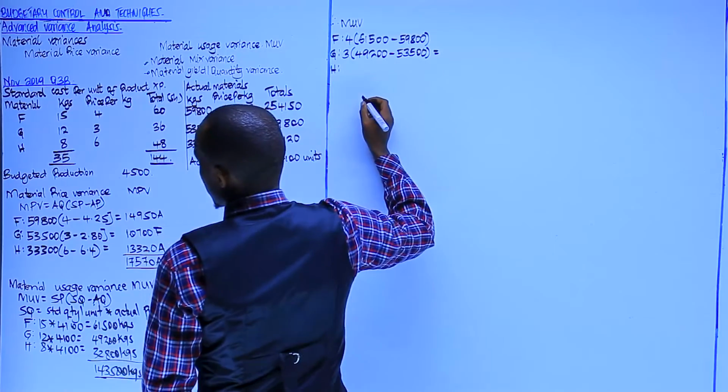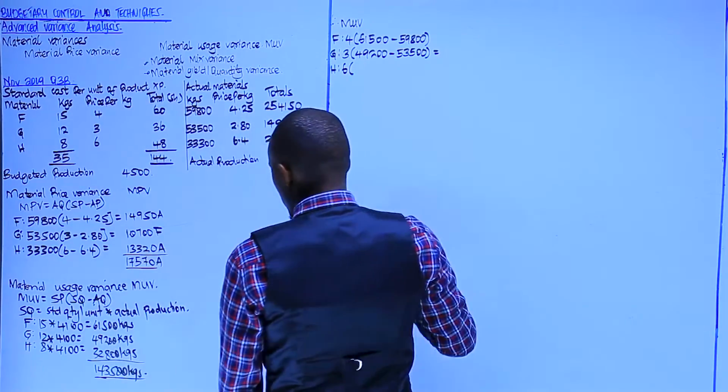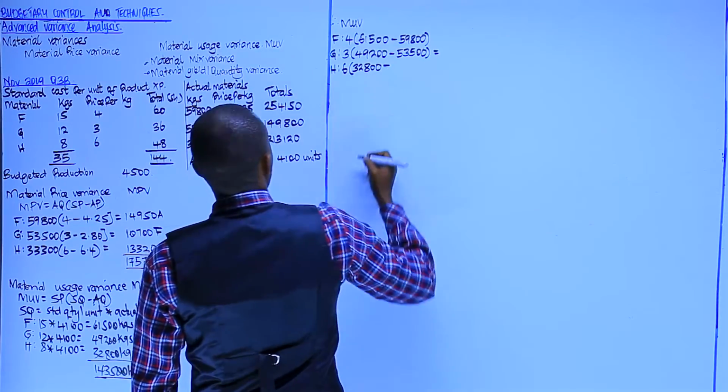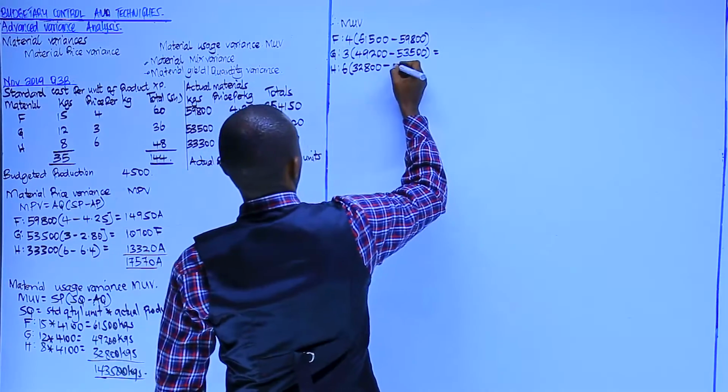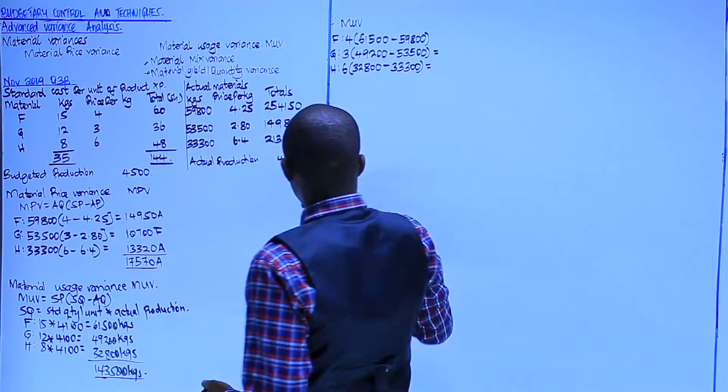H. Your standard price is 6. Standard quantity of actual production 32,800 minus 33,300.